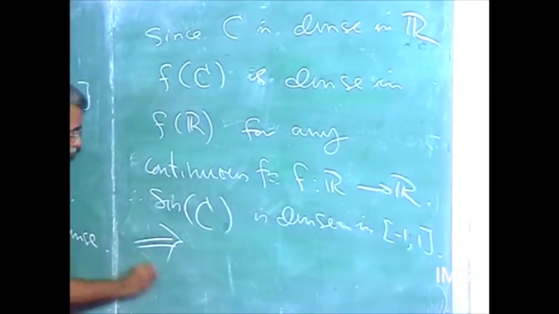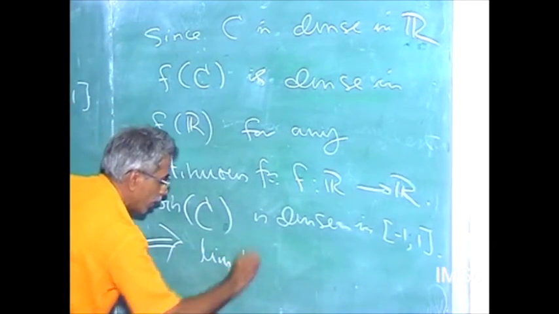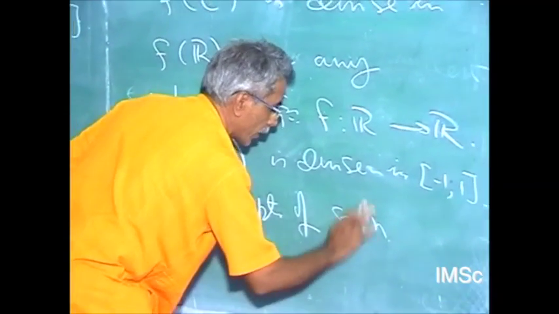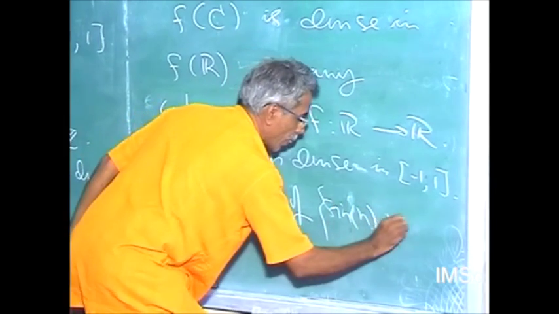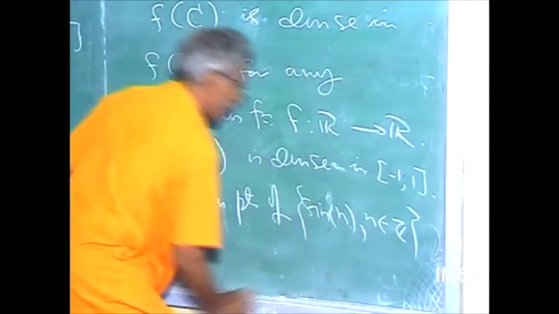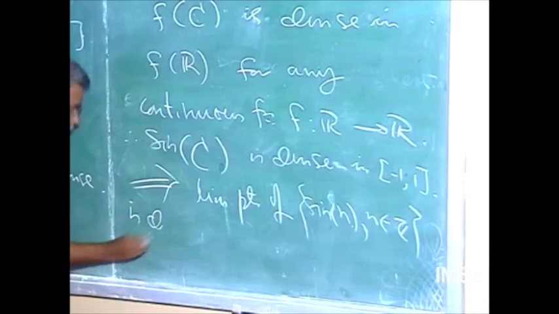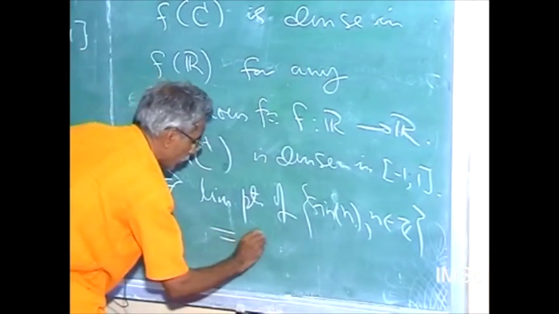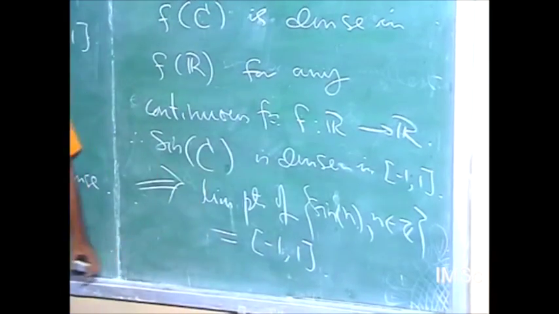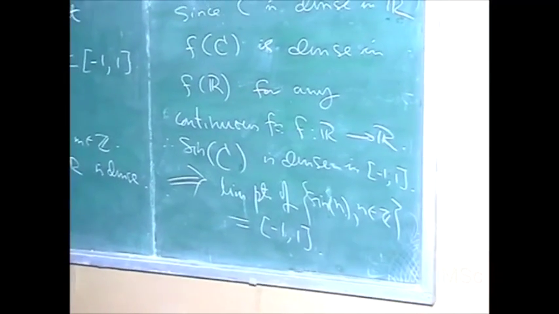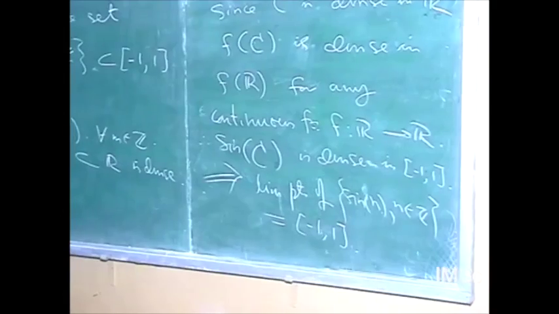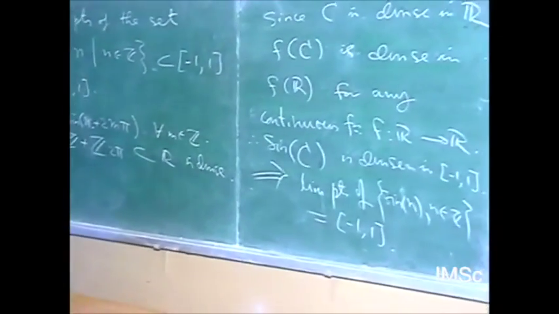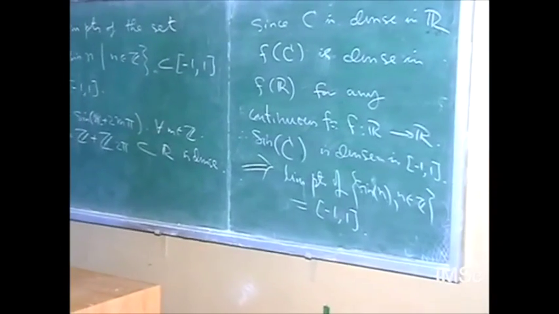And this means that the set of limit points of sin n is equal to minus 1 to 1. Okay. Is that clear?